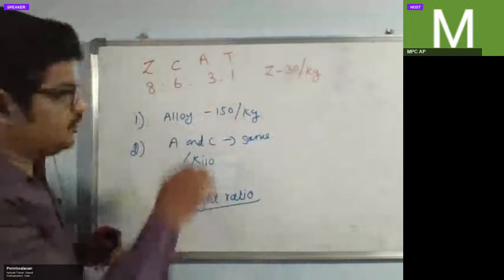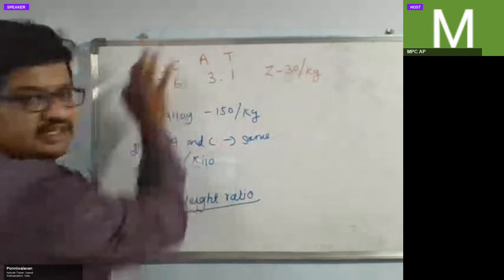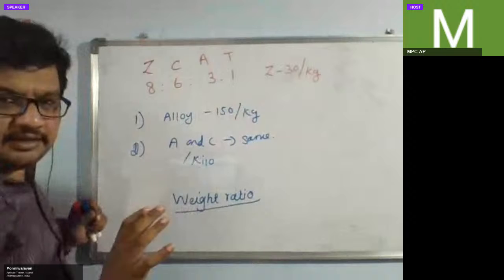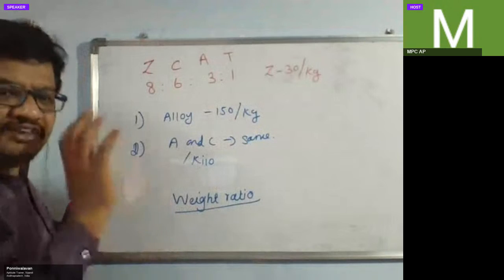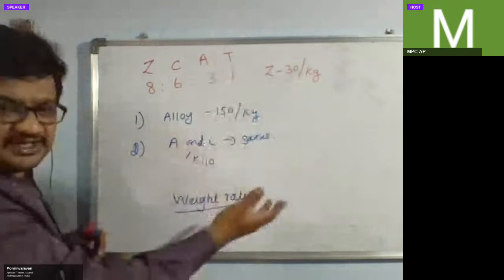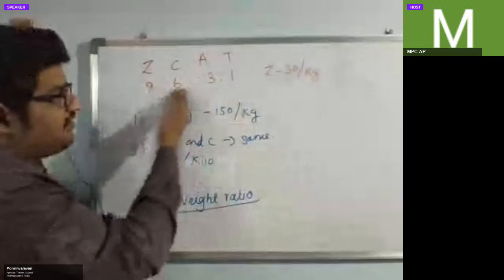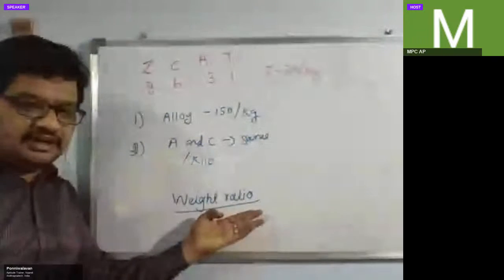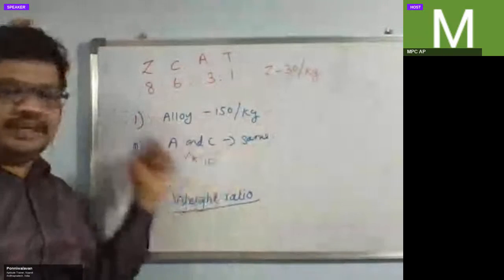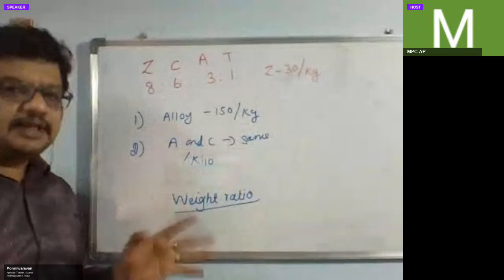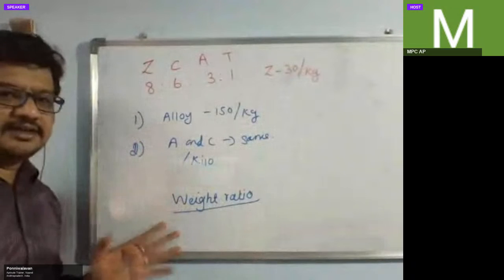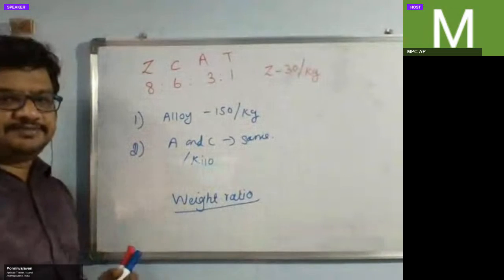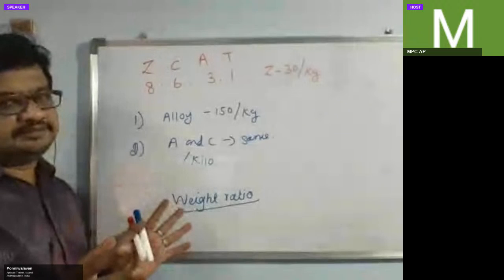Is it possible to find the total worth of zinc here? We only know zinc per kg, but we don't know the weight combination they used. The weight ratio is given, but there is no clue on weight. So is it possible to find the answer? No.